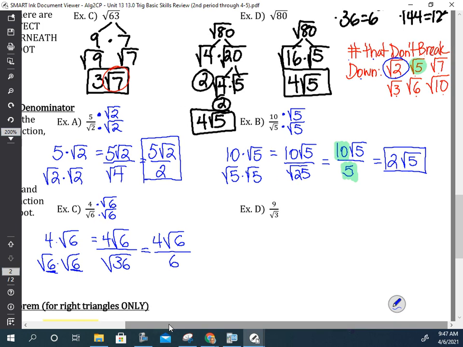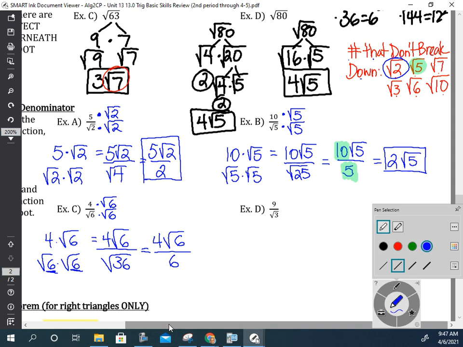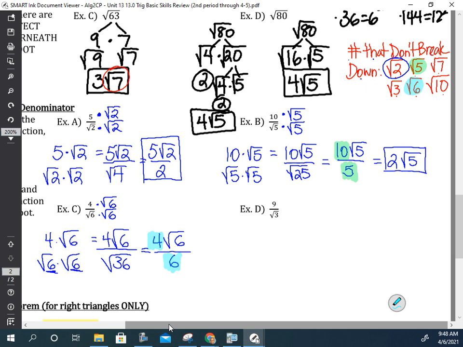Square root of 6 doesn't break down. It's one of those numbers that doesn't break down. But 4 and 6, both numbers you can divide by 2. So 2 square root of 6 over 3.